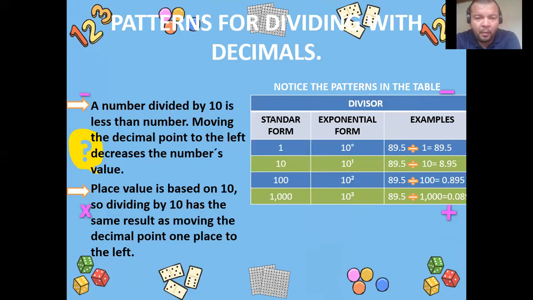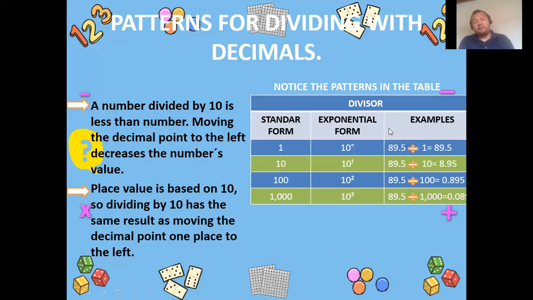Moving the decimal point to the left decreases the number's value. Place value is based on 10. So dividing by 10 has the same result as moving the decimal point one place to the left.